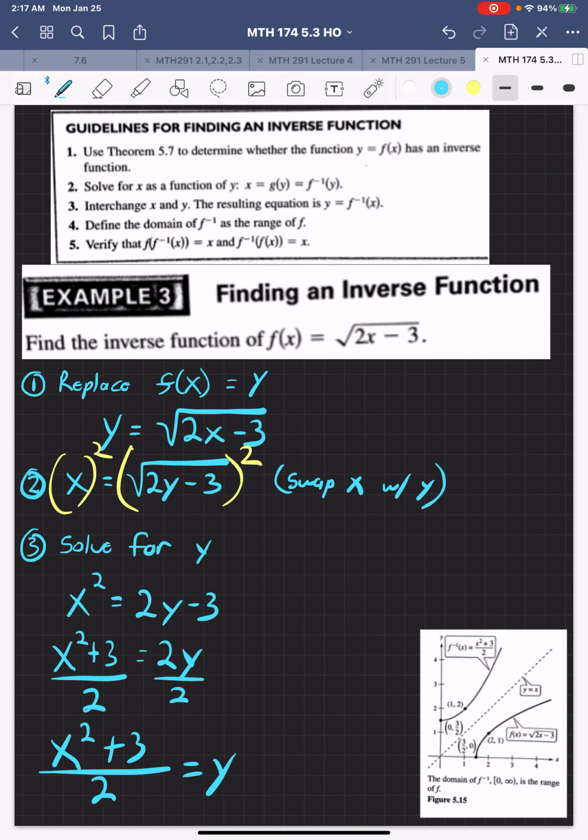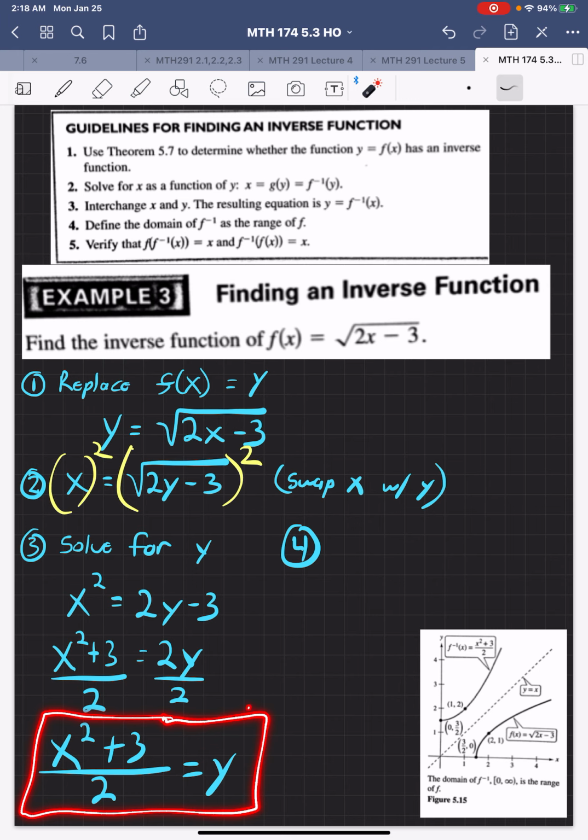Now, the last step, although it's just notational, it is important. If your customer needs to know what you're trying to do here, right? The customer has no idea what y is supposed to represent here. So we don't want to be sloppy.